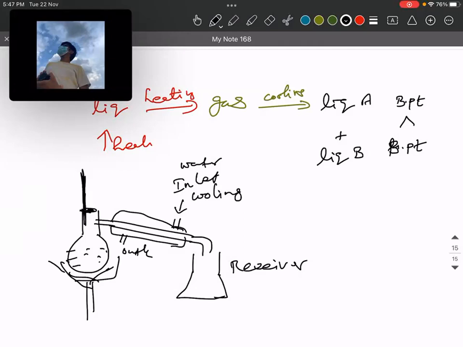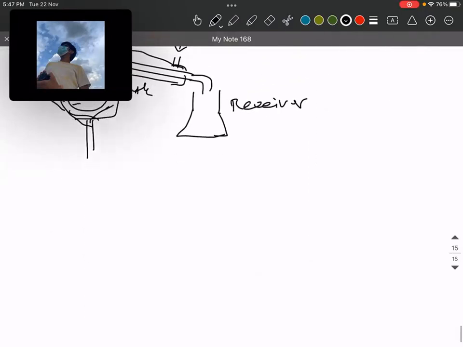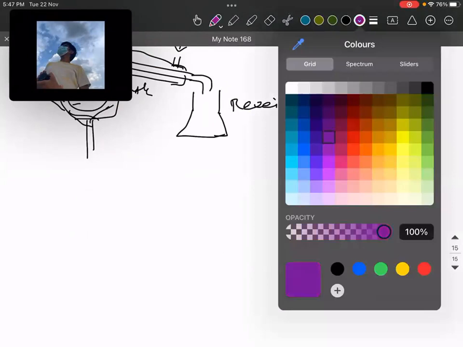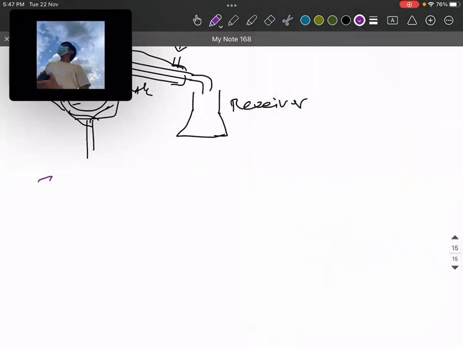So this is known as distillation. This distillation, again, you can have the fractional distillation.